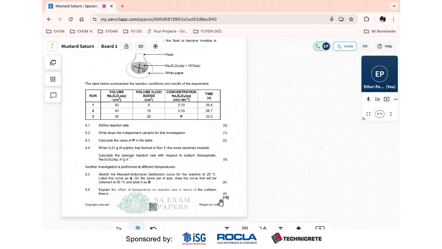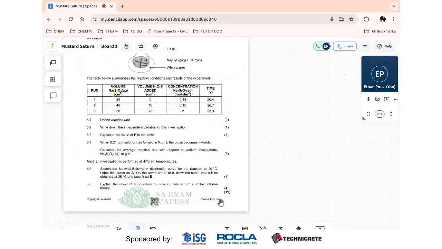Okay. Question 3, calculate the value of P in the table. Okay, so first of all, they don't tell us the concentration of sodium thiosulfate, so we need to figure that out. And we don't need to exactly figure it out.